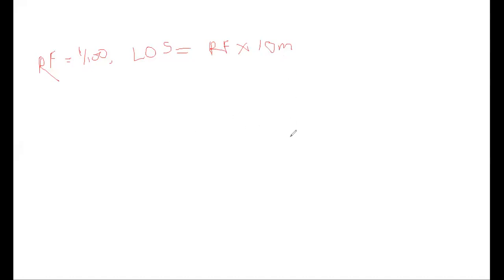But in engineering drawing, we generally draw in terms of centimeters. So this meter will be converted into centimeters. You should know the conversion factors.